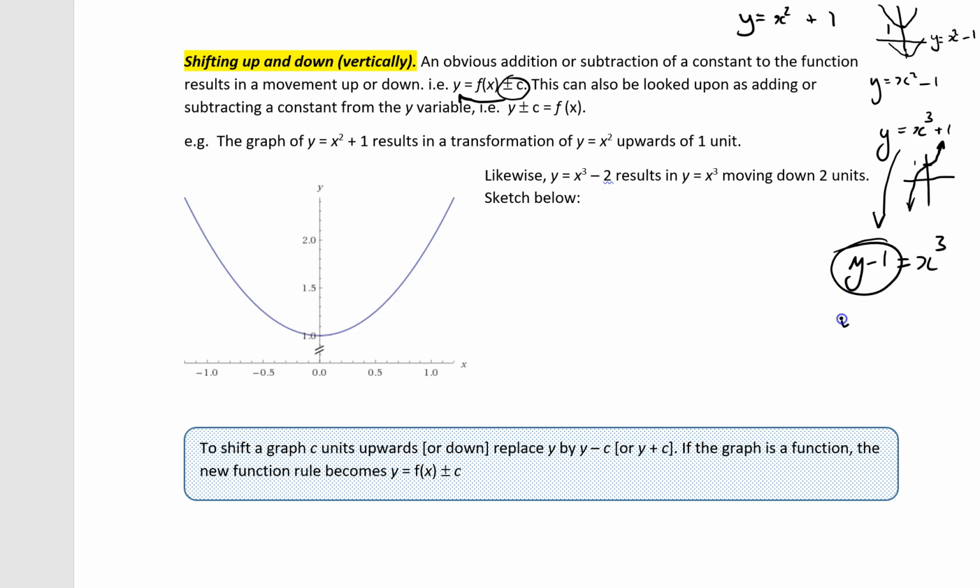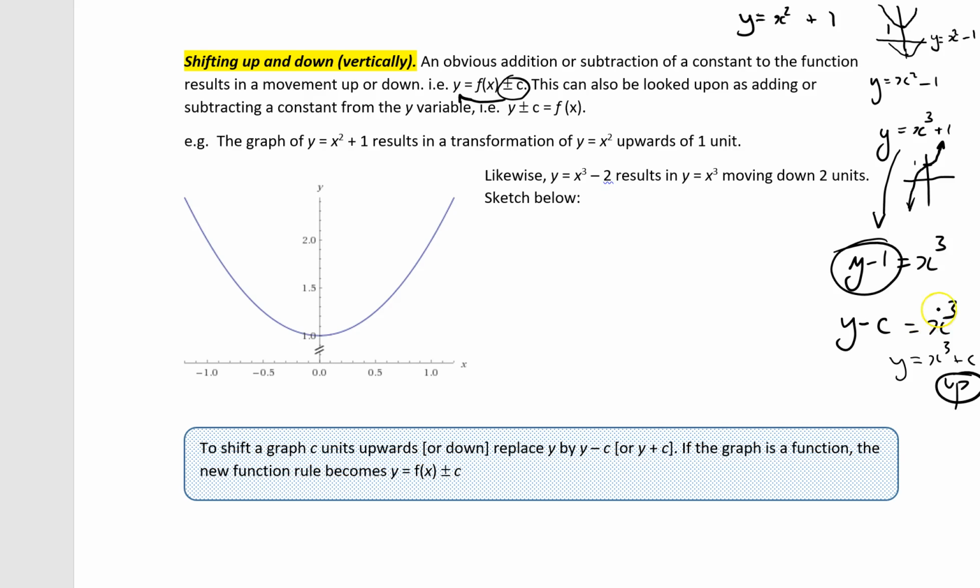Here is our y minus c is equal to x cubed. Or, and remember, if it's y minus c, it really becomes y is x cubed plus c, which pushes the graph up. So a minus c here pushes the graph up.